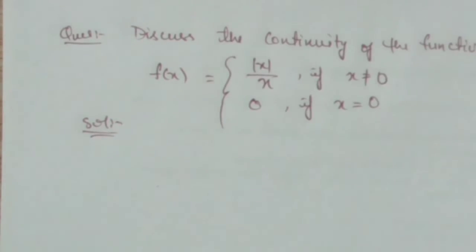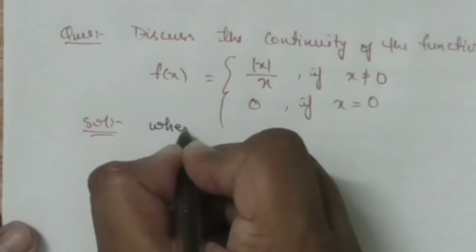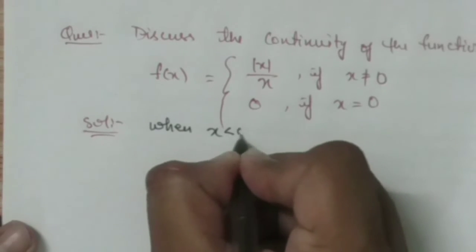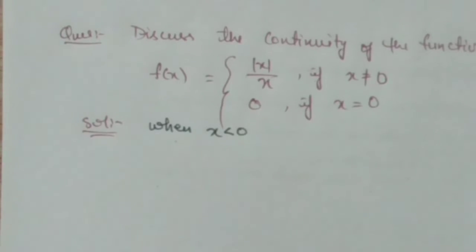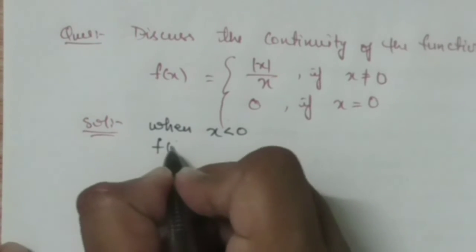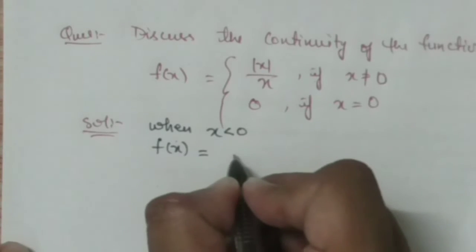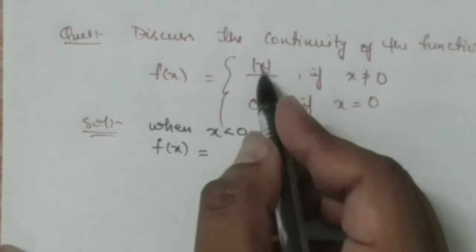Now see, first of all we will consider the case when x is less than 0. So what happens when x is less than 0? In that case, f(x) will be equal to, since x is less than 0, it will be a negative term, right?